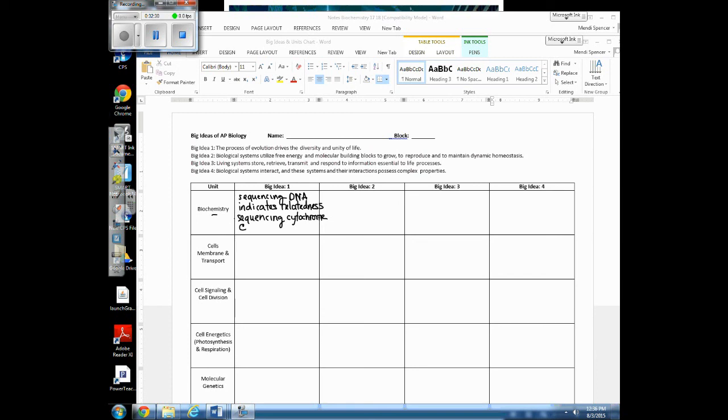If you can't give me additional information about cytochrome C, then this isn't something that you should probably put in this first box. But I know that cytochrome C is a protein that's found in the electron transport chain of all living things, and that I can sequence the amino acids, and the more similar the amino acid sequences are between organisms, the more related they are.